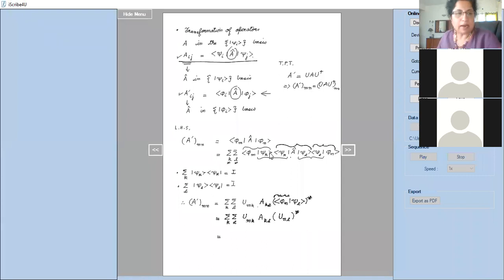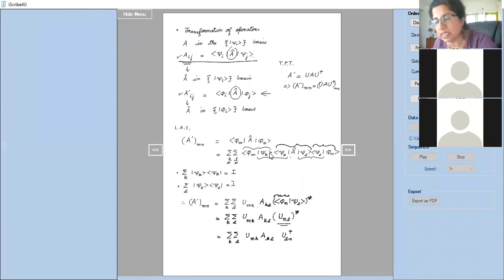So now we can write this as summation over K, summation over L, U M K, A K L, and this now is nothing but U L N dagger.